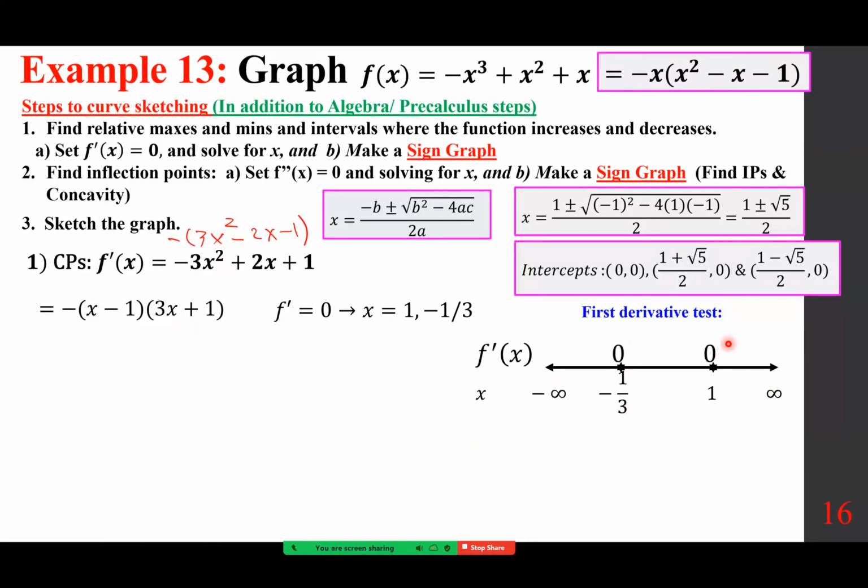At x equals 1, f prime is 0. So we are going to pick TPs, short for test points. So we write down here TP. In between, of course, the easiest one would be 0. Here's -1, here's 1. And by the way, the signs are going to alternate.